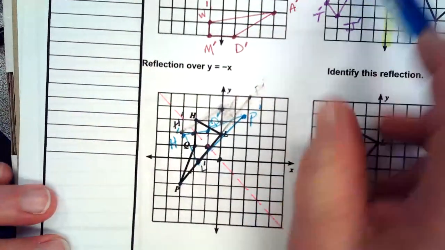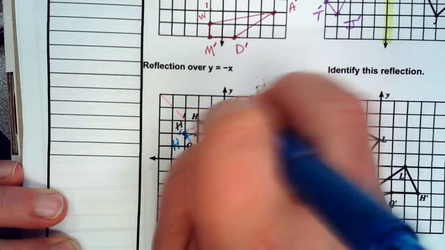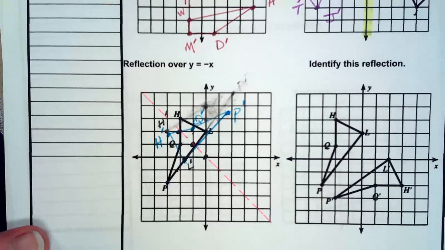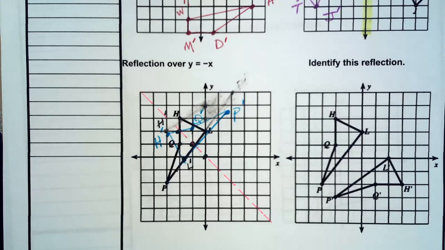Okay, that doesn't look too bad now that I made a mess of the rest of it. Next time, remember, when we draw, we need to be able to measure.